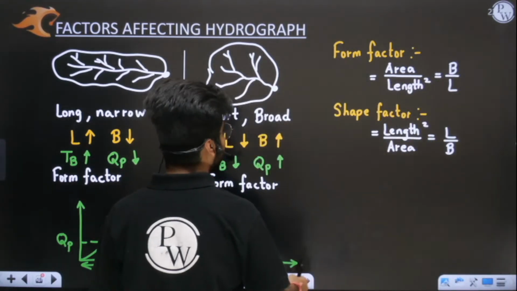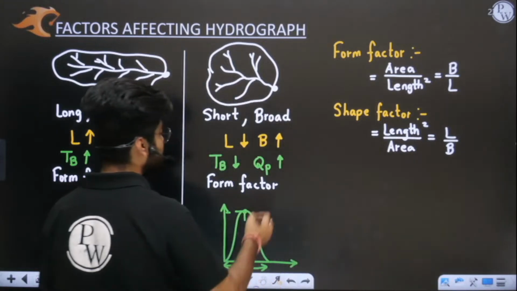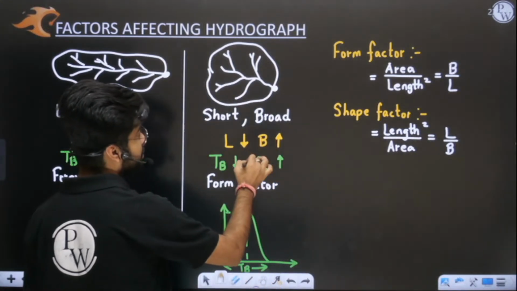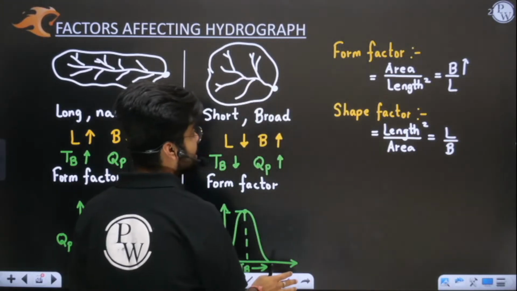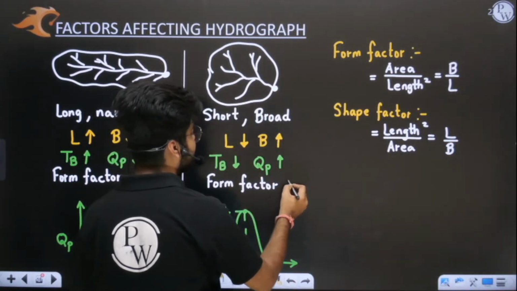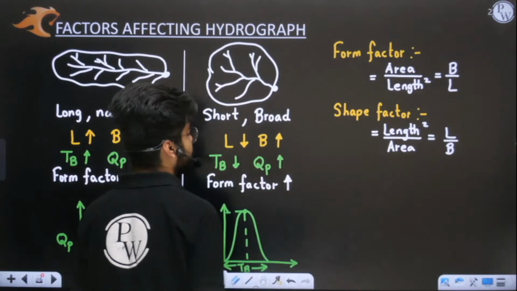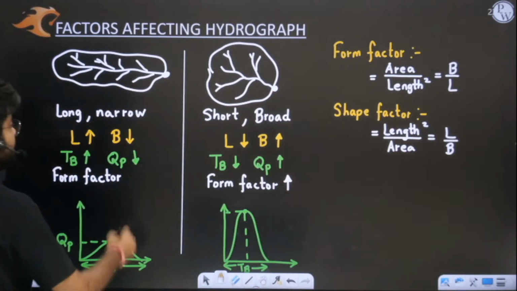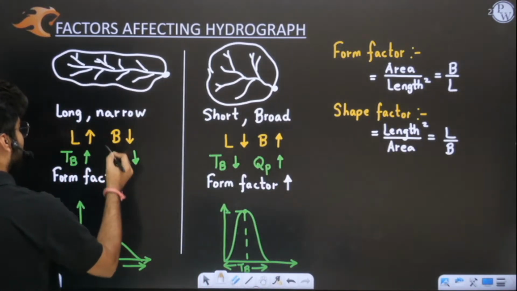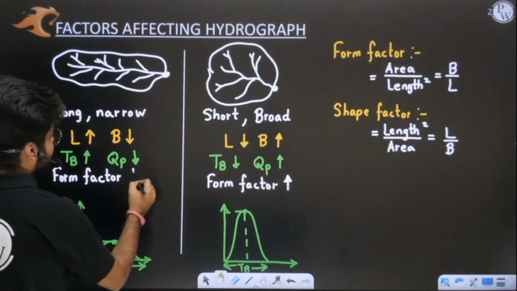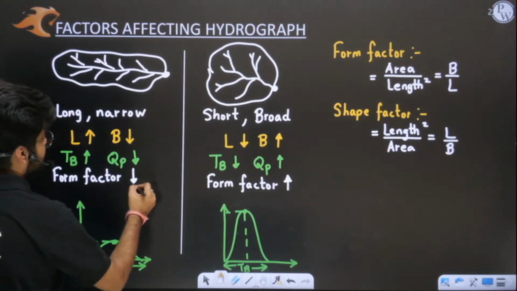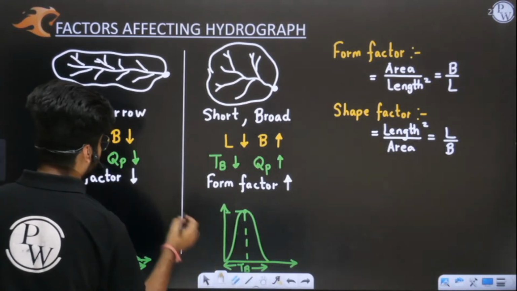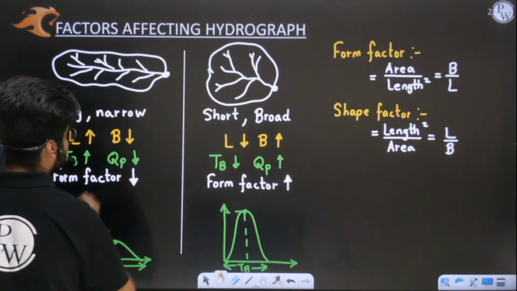So if we have more width and less length, as indicated by the second case, then form factor will be more. And in the first one we have less width and more length, so obviously form factor will be less here.